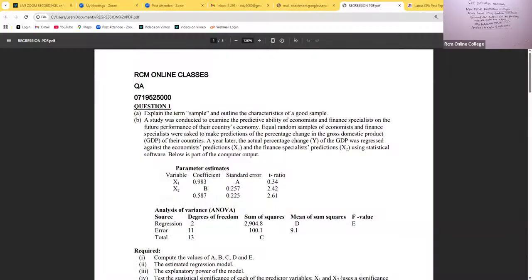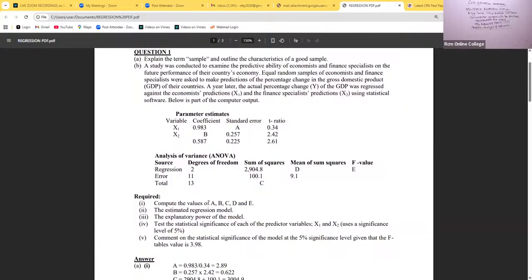So this is how your Advanced MA exam will look like. This is quite an old question. It was a quantitative analysis question, but very relevant to you. Forget about part A. For part B, they want us to compute the values of A, B, C, D, and E. Then number 2, they want the estimated regression model.